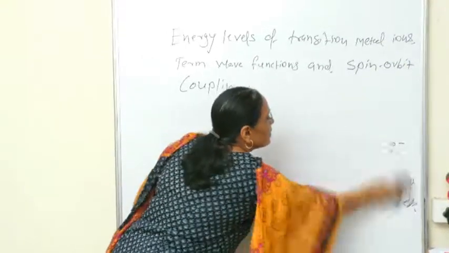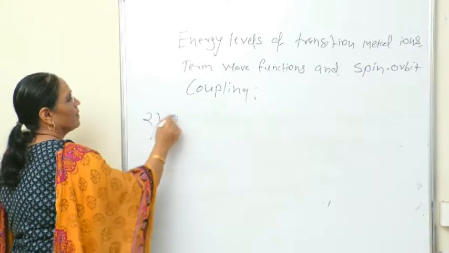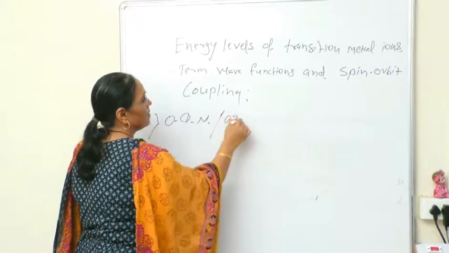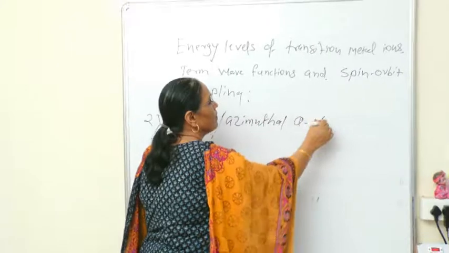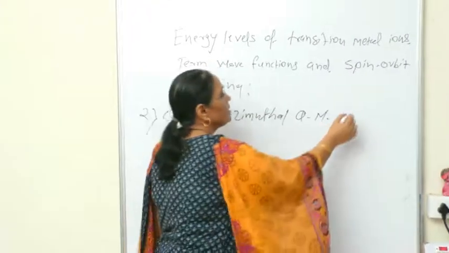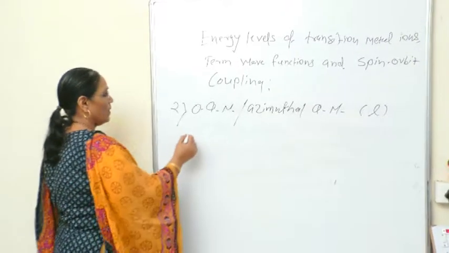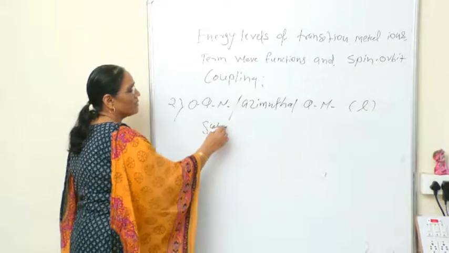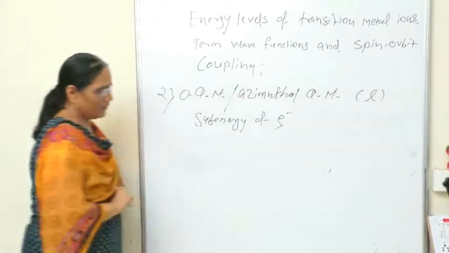The second quantum number is orbital quantum number or azimuthal quantum number, and it is denoted by letter small l. This number gives the sub-energy level of the electron.